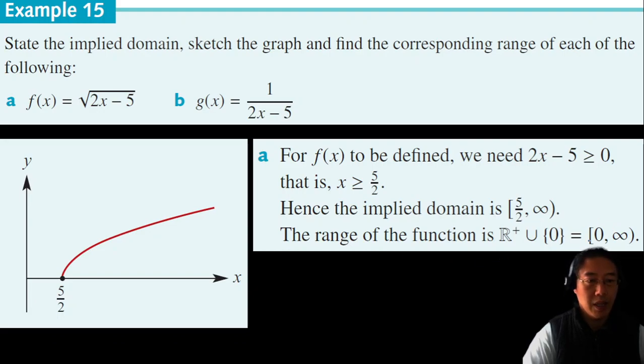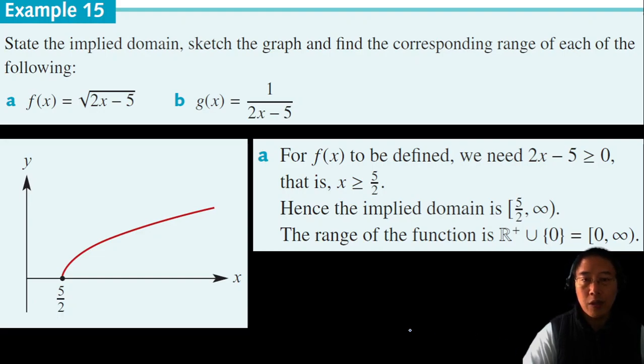So that will be the notation for that interval. Here the way they would have done that is R plus is all the positive numbers with the union of 0, that will summarize to that interval.